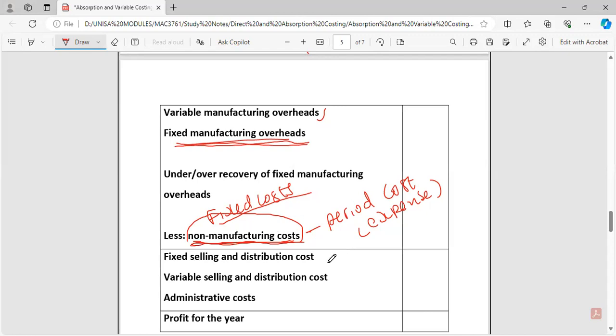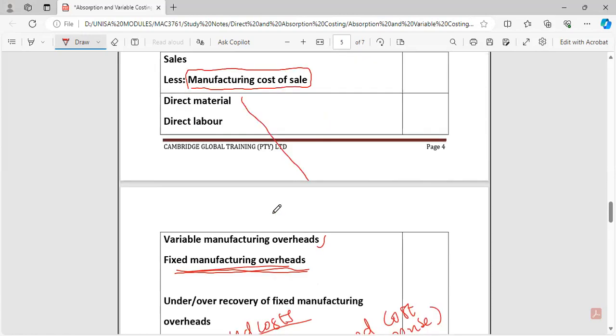Understand cost classification, because when you come to these higher chapters, it's going to help you. If here they say non-manufacturing cost and you have not done your cost classification properly, you will not be able to identify which one is manufacturing and which one is non-manufacturing. So you end up mixing the figures.